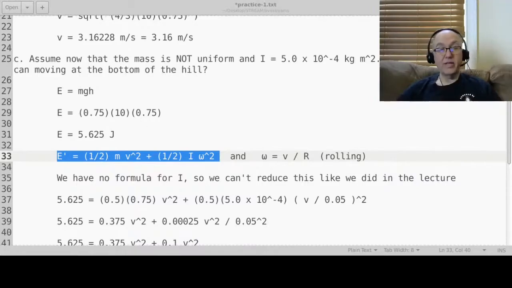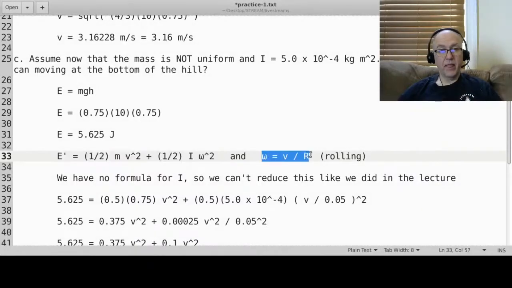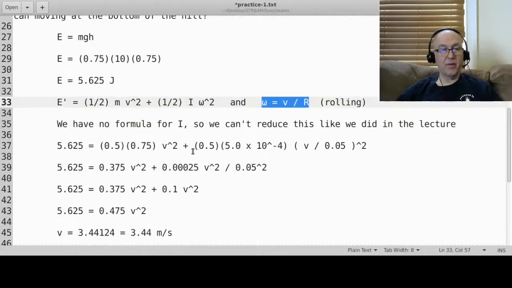The other is this formula right here, which relates the velocity of the center of mass to the angular velocity. That's the condition for rolling: omega is equal to v over r. So with that, let's solve the problem here.